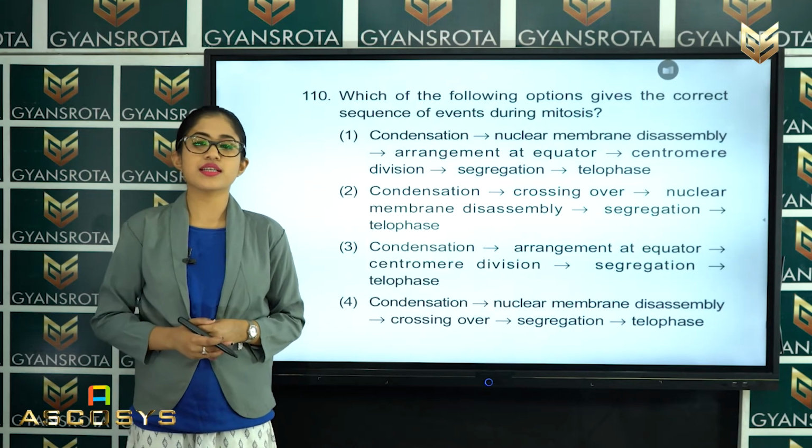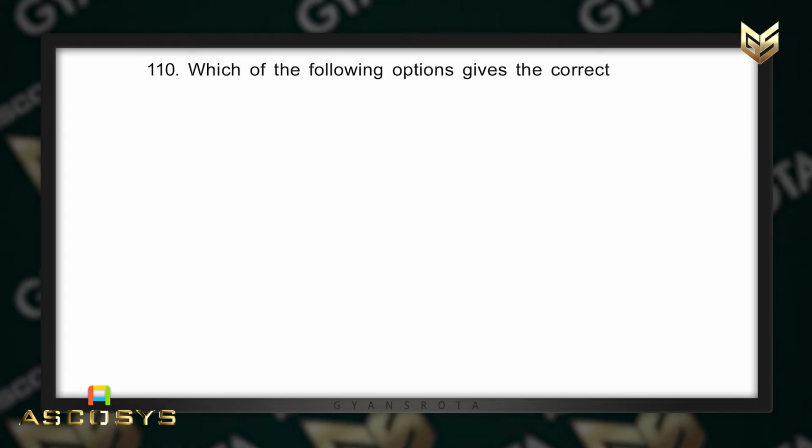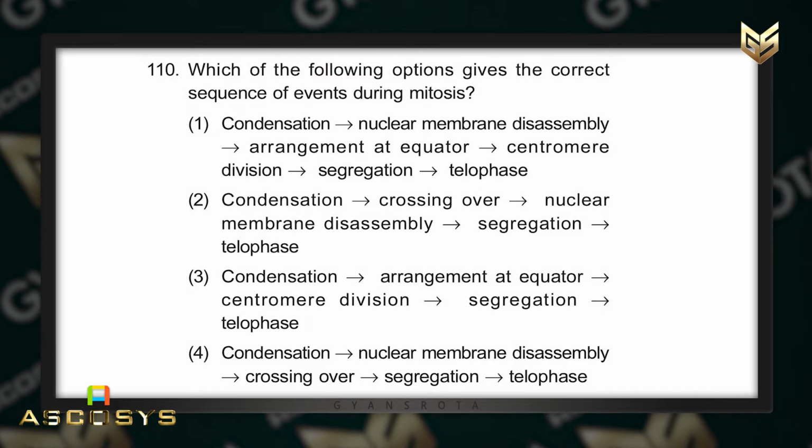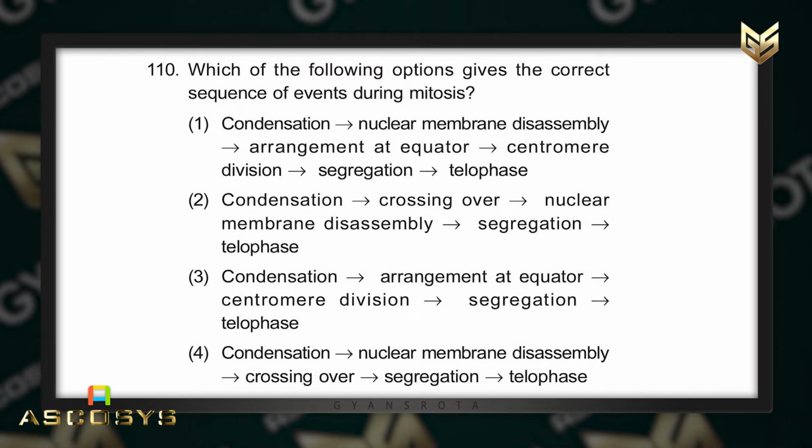Now in the next question, that is question number 110: which of the following options gives the correct sequence of events during mitosis? Mitosis and meiosis we have discussed in the chapter Cell Cycle and Cell Division.